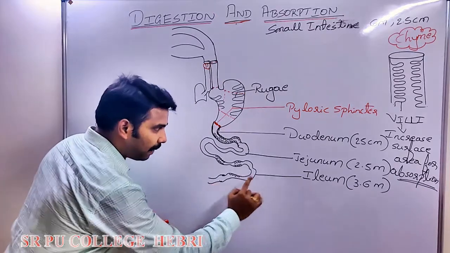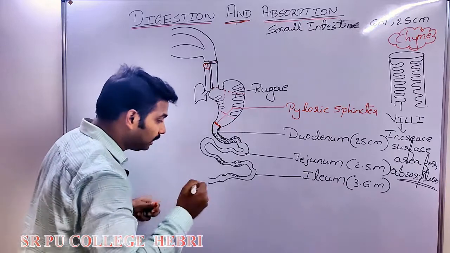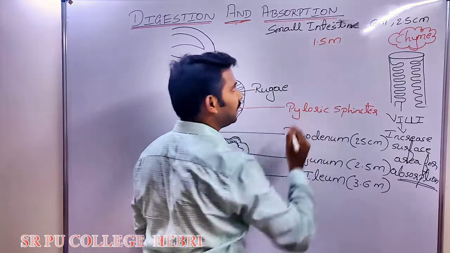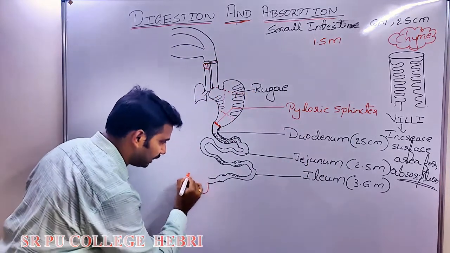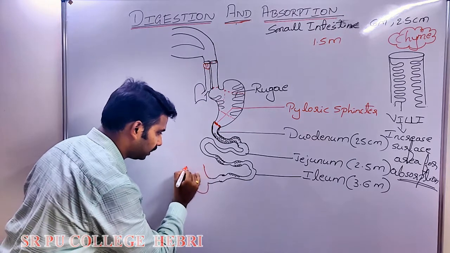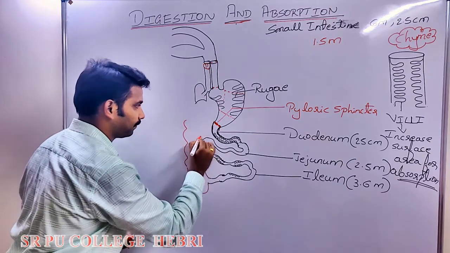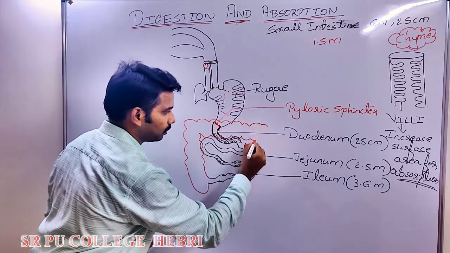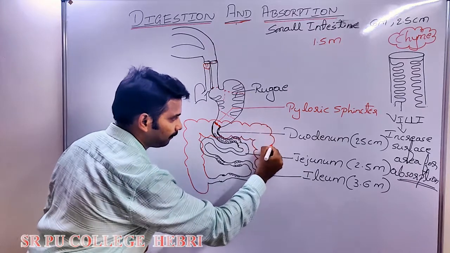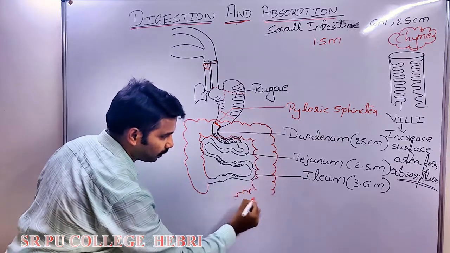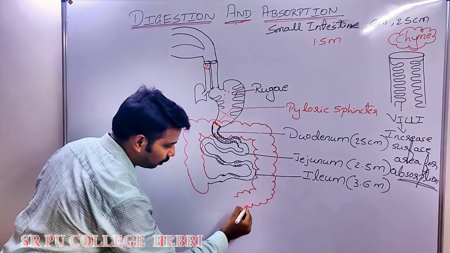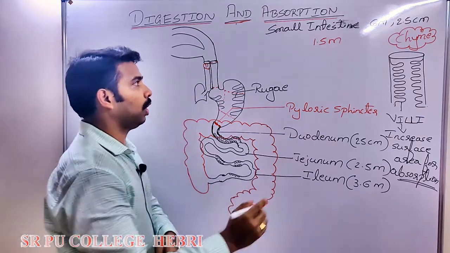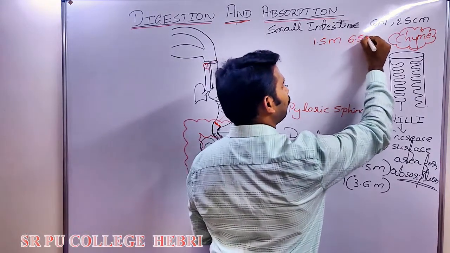Finally, the last part called ileum will continue into a 1.5 meter long structure which is having a diameter of around 6.5 centimeter.